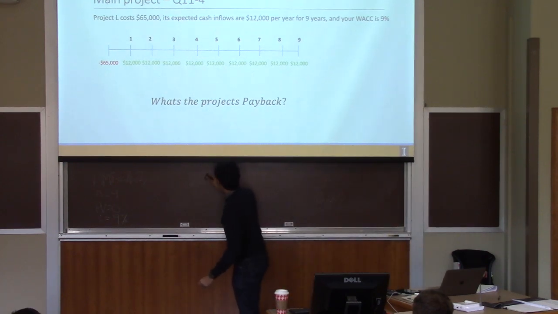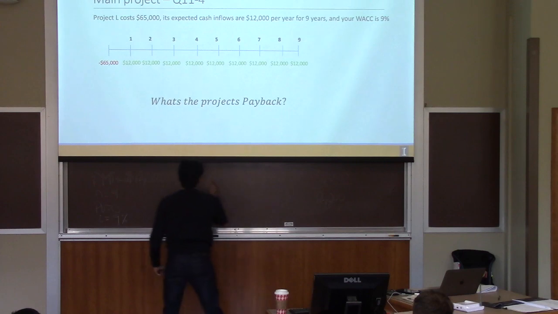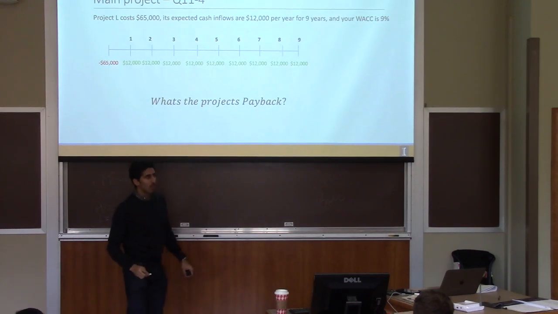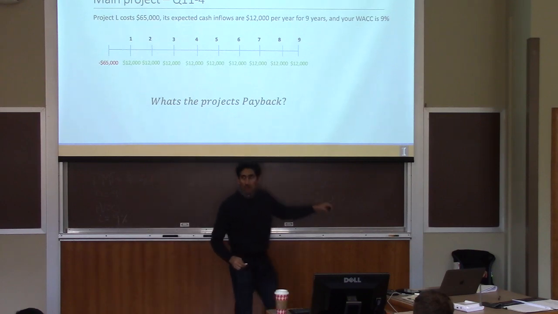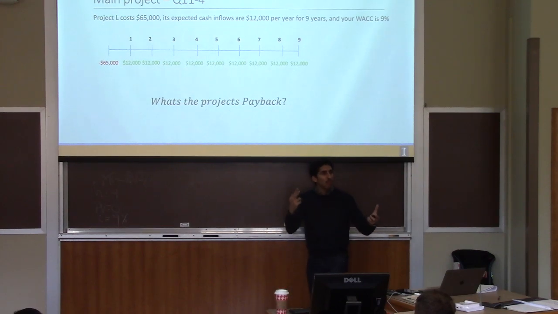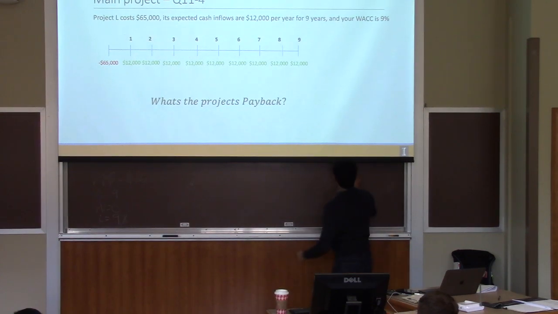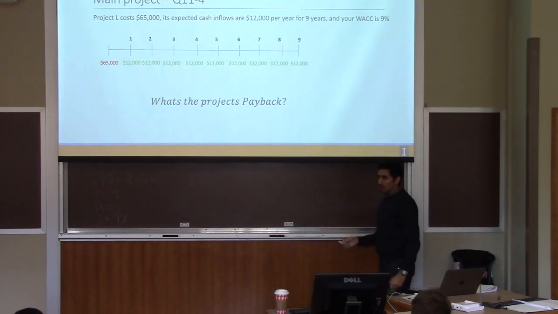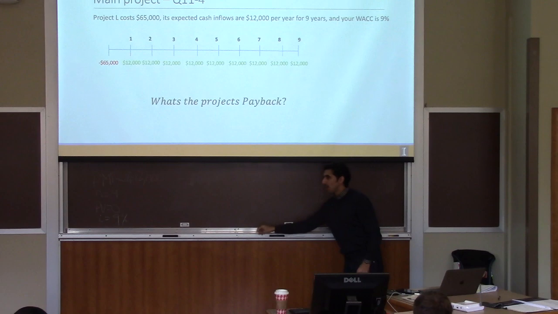It's actually $60,000 and 1. How many periods am I going to need? It's much sooner. It's probably going to be 5 years and 2 days or something like that. Why is that? Because I got $60,000 in 5 years, and the remaining $1 I'll get from the 12,000. You get the logic behind it, right?